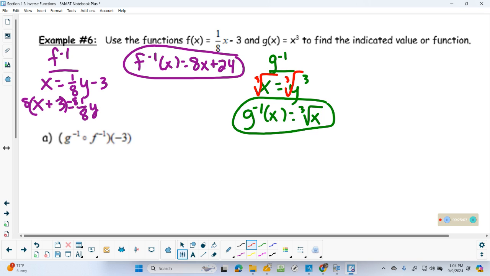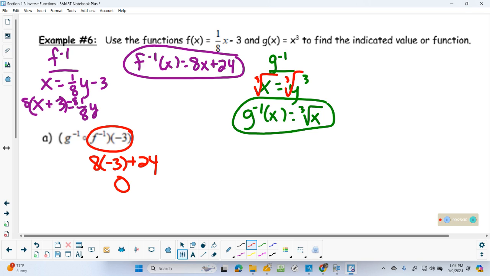Now it's easy, okay? Composition, remember, right to left. So first thing you're going to start, F inverse of -3. So I'm going to go to the purple function. I'm going to put -3 in for x. You could probably mental math it. Probably don't need to write anything. You know, I can't help myself. I'm going to write 8 times -3 plus 24. What do you got for that? 0.